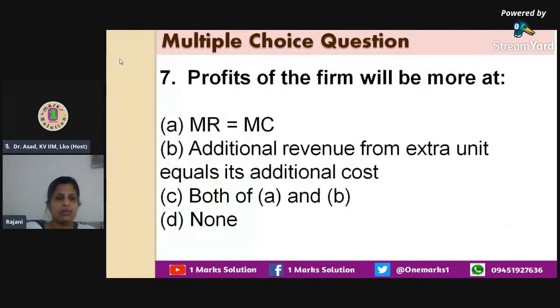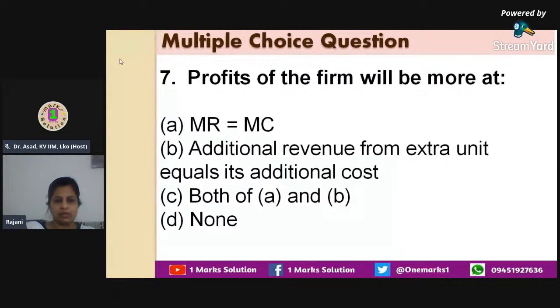Next one: profits of the firm will be more at what point? Marginal revenue equals marginal cost. Marginal revenue is the additional revenue earned for selling an additional unit of product, and marginal cost is the cost incurred for an additional unit of production.